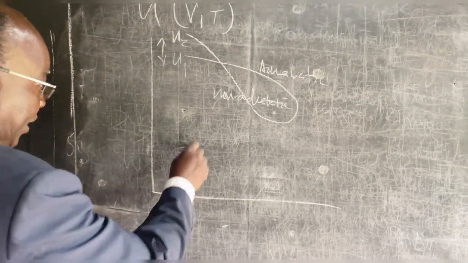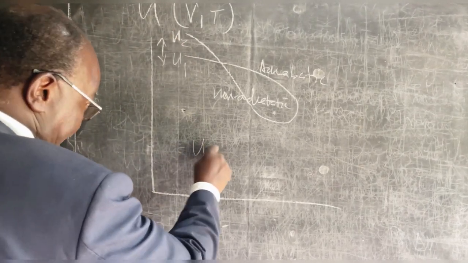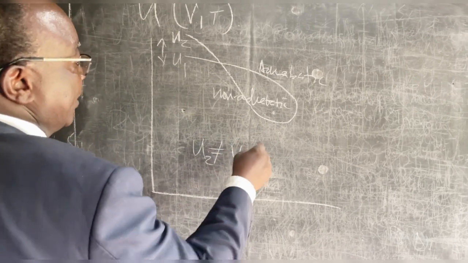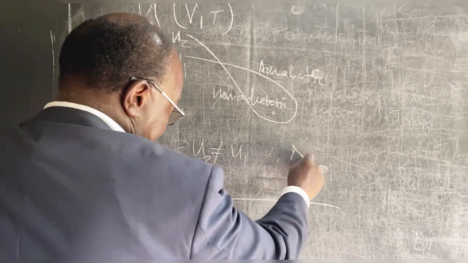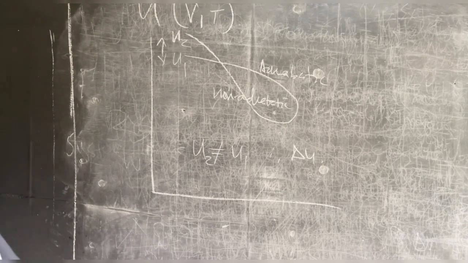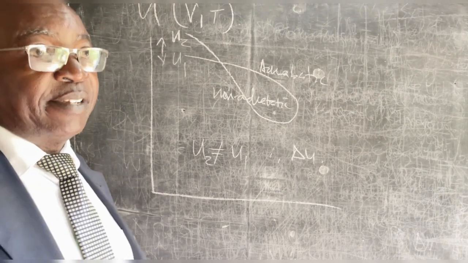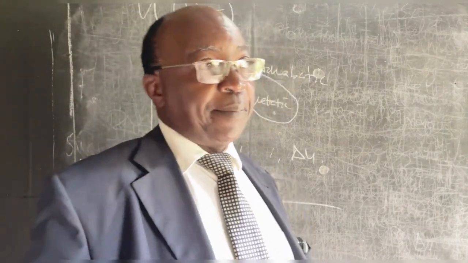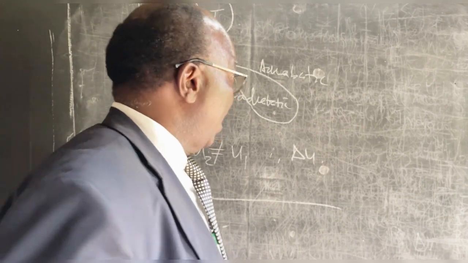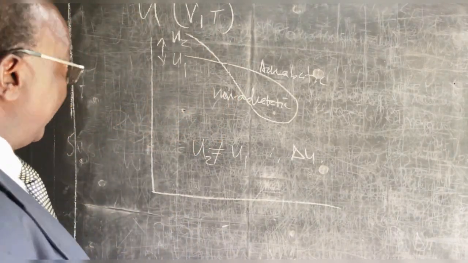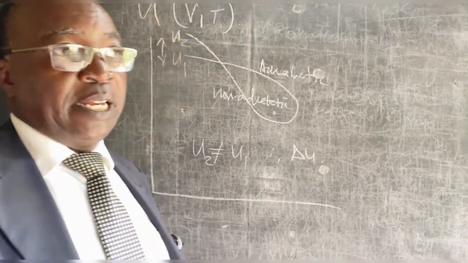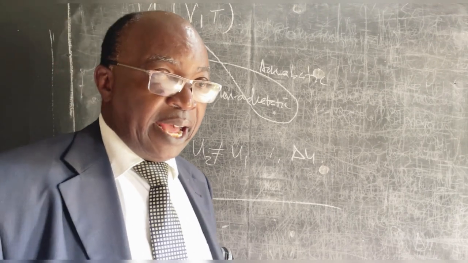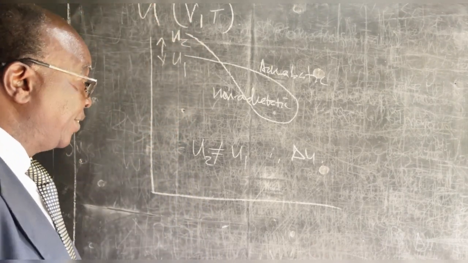That would mean we have generated some energy, and that would violate most of the laws of physics, because we cannot have a perpetual motion machine. Therefore, U definitely is a state function. It depends only on the initial and final states of the system.